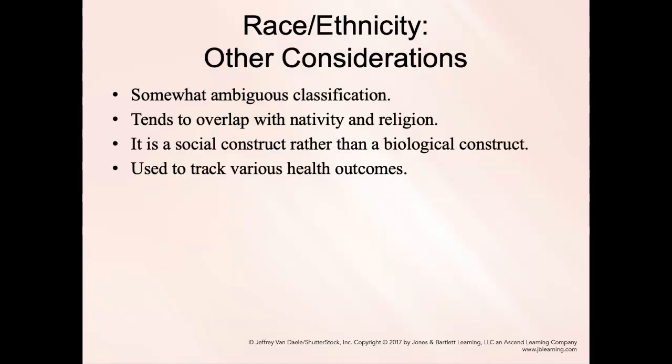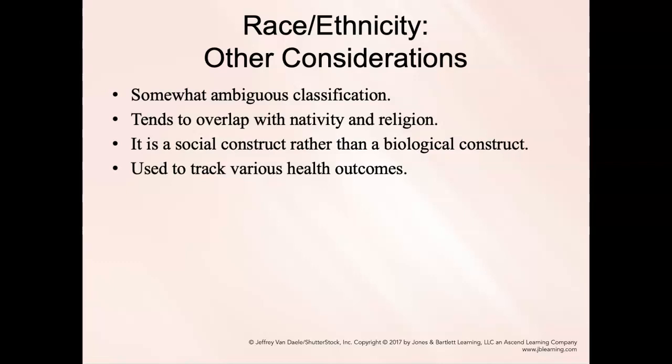Some challenges with the variable race and ethnicity is that it can be somewhat ambiguous, and people can often get misclassified in terms of their race and ethnic status. It also tends to overlap pretty highly with nativity, so where you were born, and religion. And I also want to point out that this is a complete social construct.